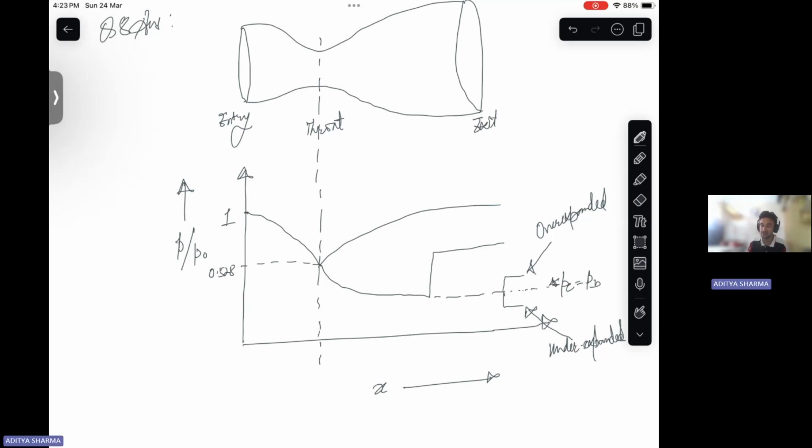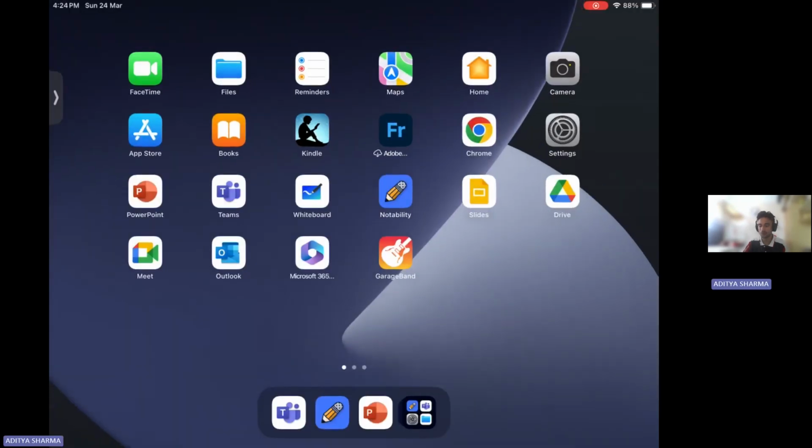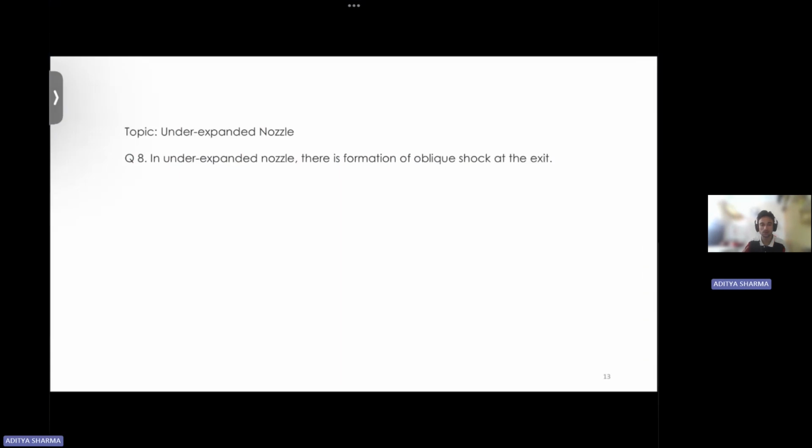So here the P exit is greater than the PB, that is back pressure, right? That is why we are saying that it is under expanded, right?